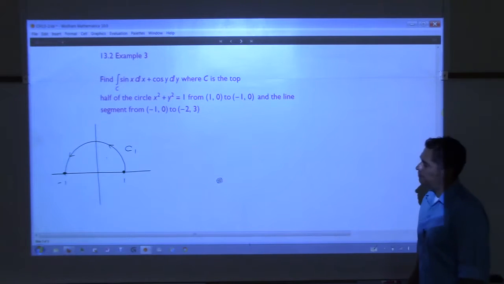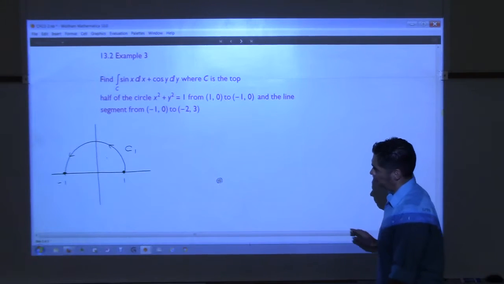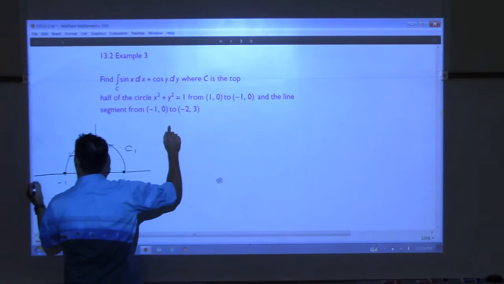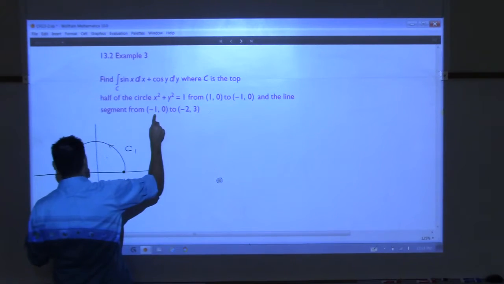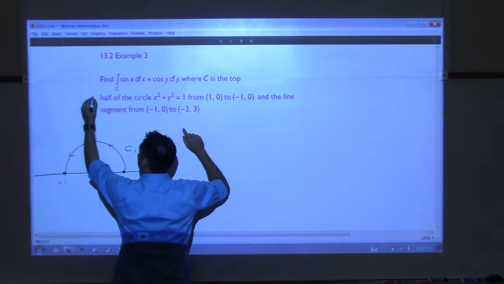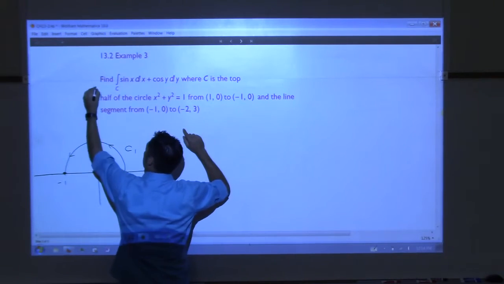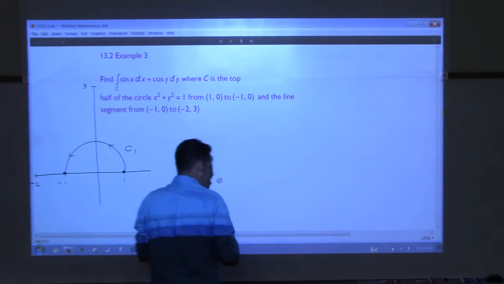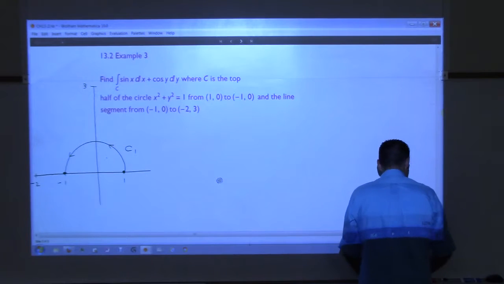And then I'm going to run out of room. Maybe not. Might be able to squeeze this in here. Then I want the line segment that goes from this point to (negative 2, 3). So 1, 2, 3. 3 is way up here. So (negative 2, 3). I'll do this one in red.